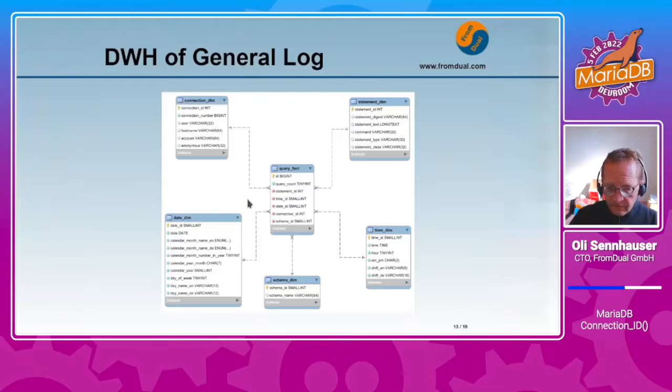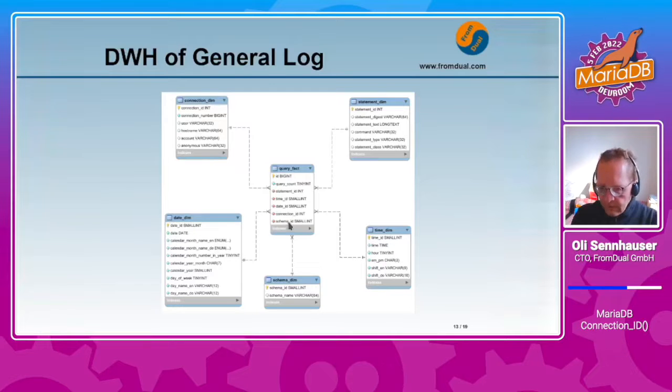What we also did is we designed a little data warehouse for evaluating all the queries in the general query log. Here is the star model of this data warehouse, and you see in the middle the queries themselves, the statements belonging to the queries, at what time the query has been executed, date and time of the query, and to which connection it belongs, and to which schema.